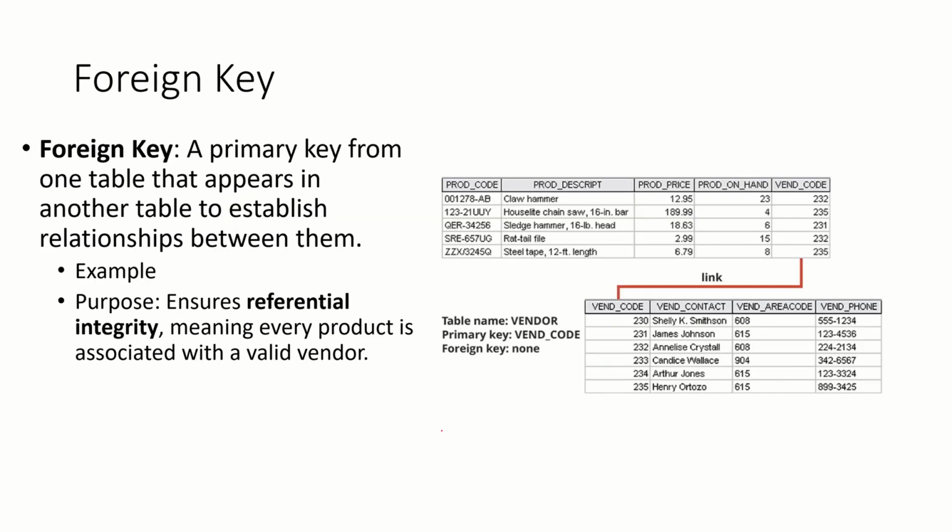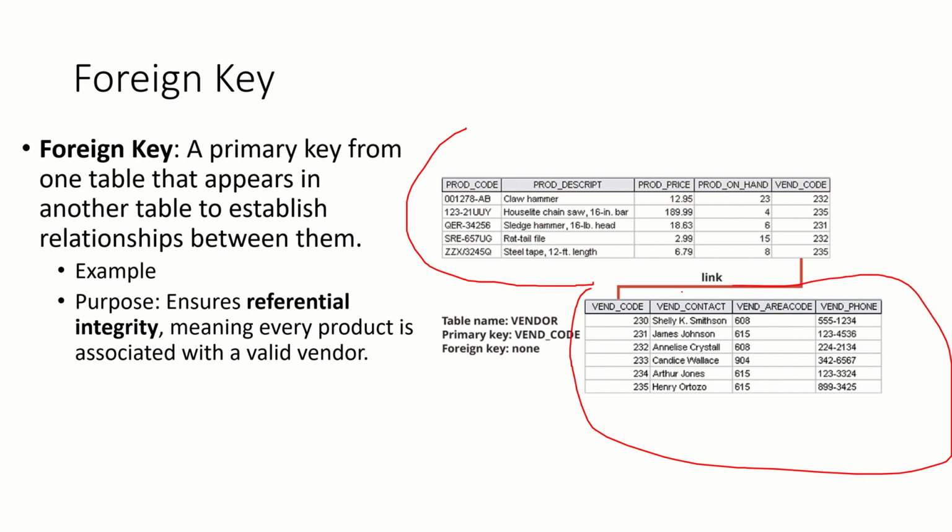So foreign key is the primary key from one table that appears in another table to establish relationships between them. For example, when you look at these two tables, this is one table, this is another table.